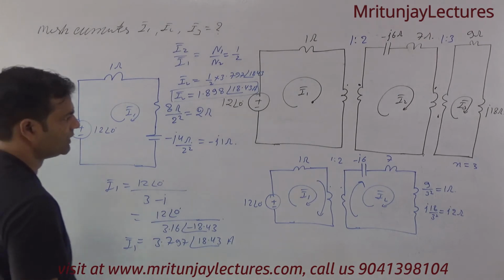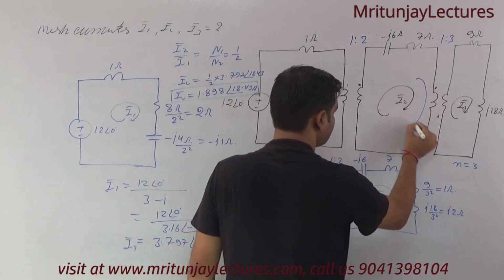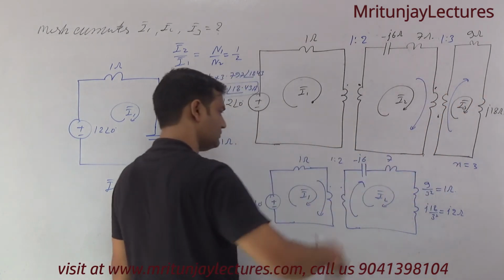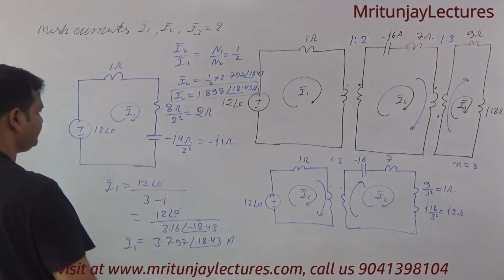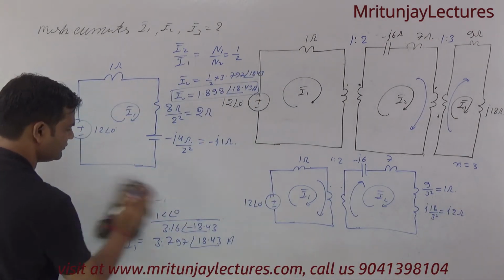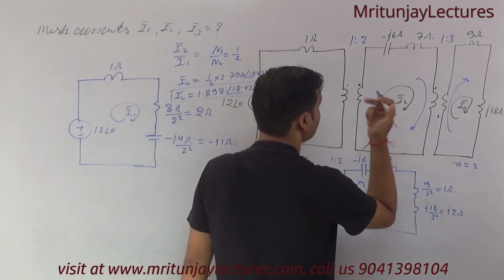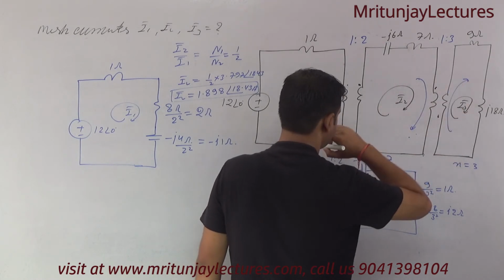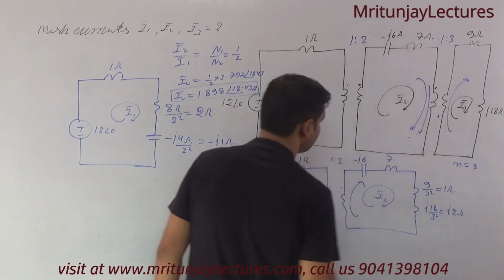Now what about I3? I2 direction like this one, and I3 direction like this one. I2 downward, now corresponding to I3, this current is downward and this current is upward. Corresponding to the dot, this was incoming and this is also incoming.